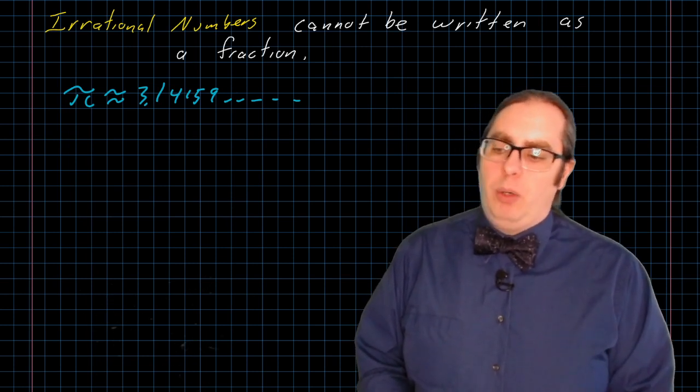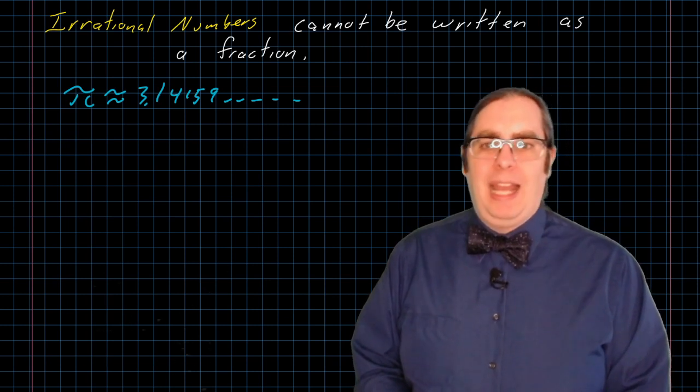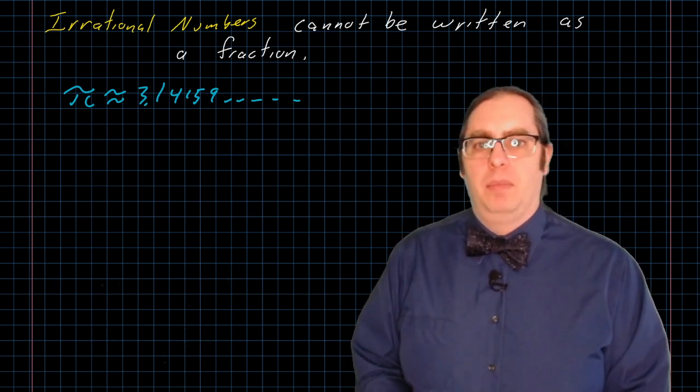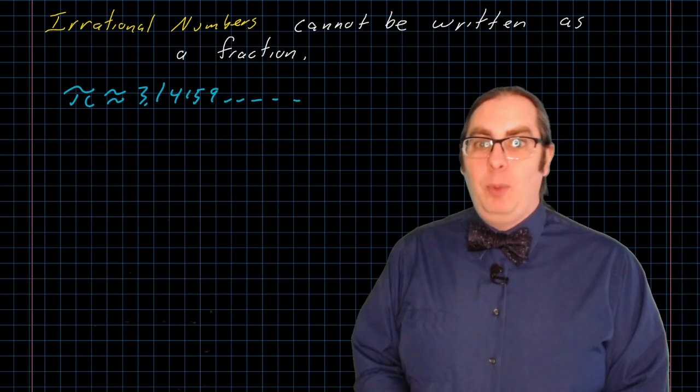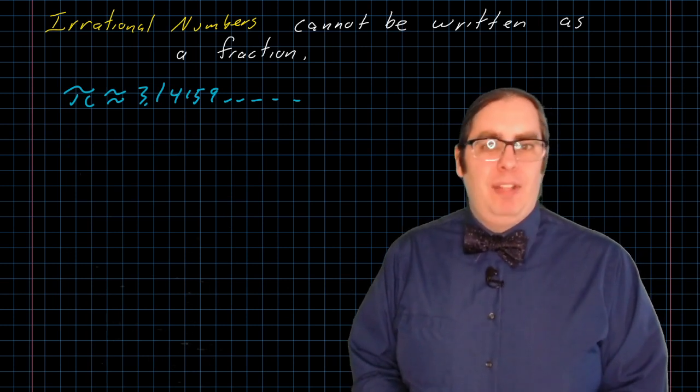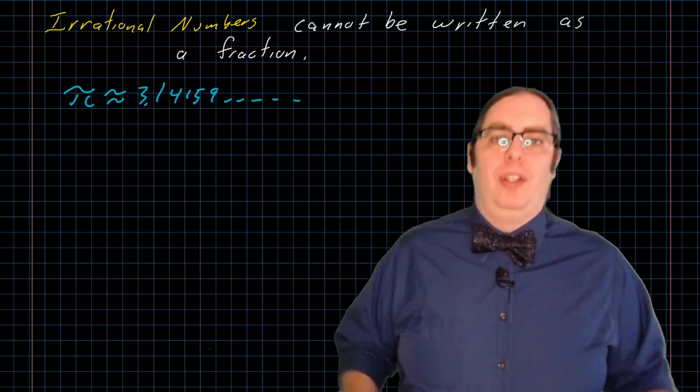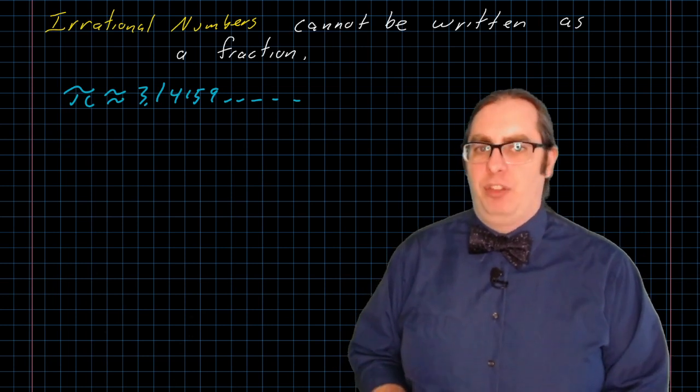But we don't know. Are the digits of pi actually pseudo-random? That is to say, is it equally likely that any given digit will appear if you continue to trace out the expansion of the decimals of pi?